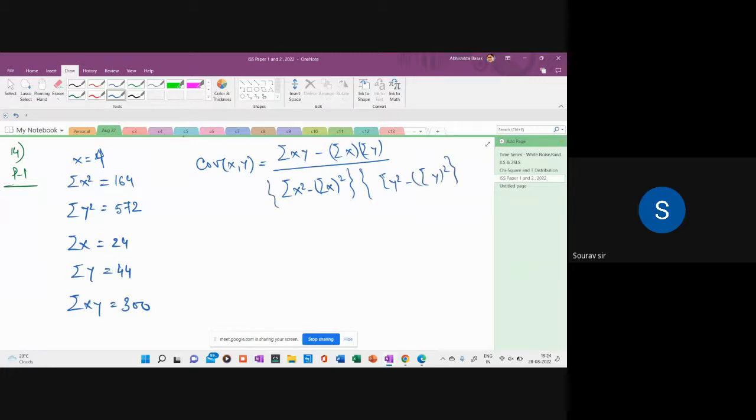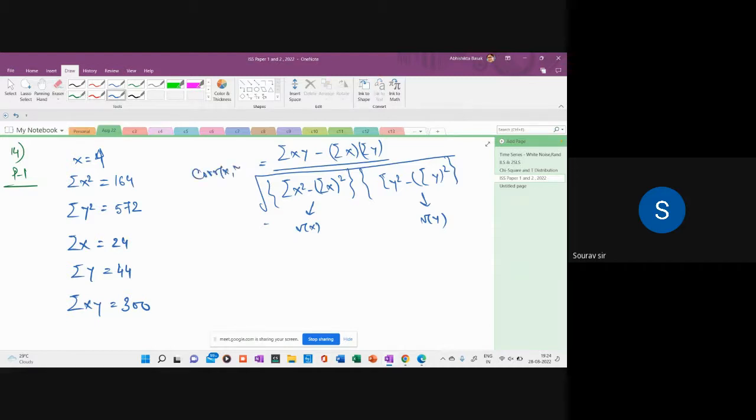In this way, we are going to get the value of the covariance. This is the value of the variance of x. This is the value of the variance of y. So we need to do this. This is not the covariance, rather I am writing something wrong. This is correlation.